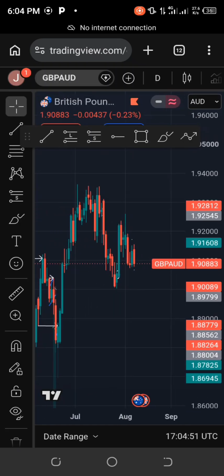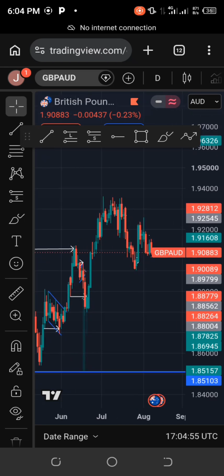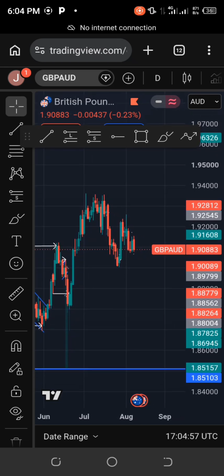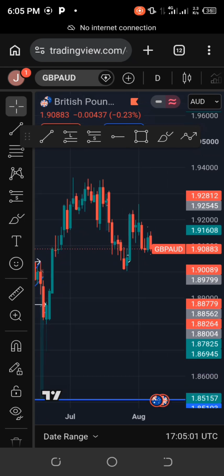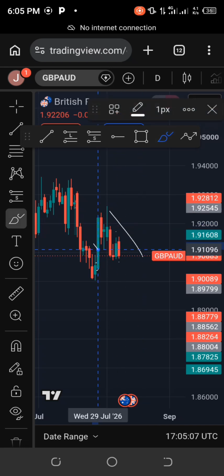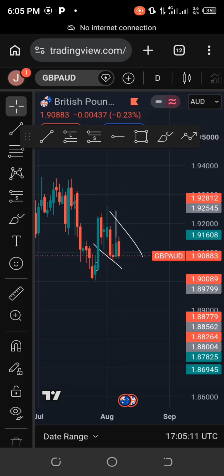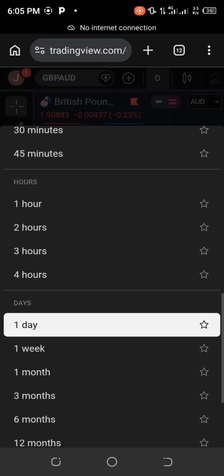So GBP AUD within the week, if you look at this structure, it will just be like no structure to this, but let me just show you what actually is happening on a lower time frame. You can see we have a little kind of a sideways movement, or you may say direct impulse, whatever you want to call it, but let's filter it down to the lower time frame so you can see it for what it is. So we head to the 4 hour.